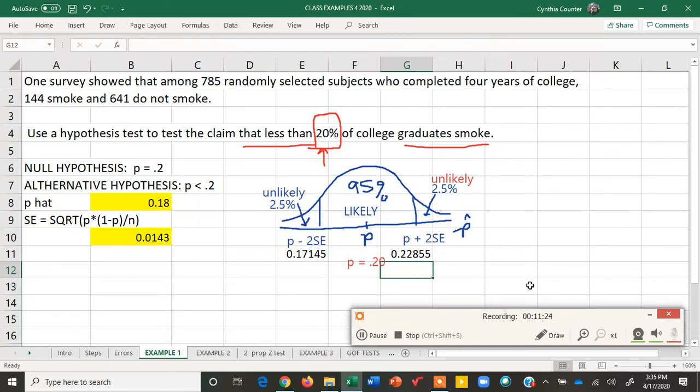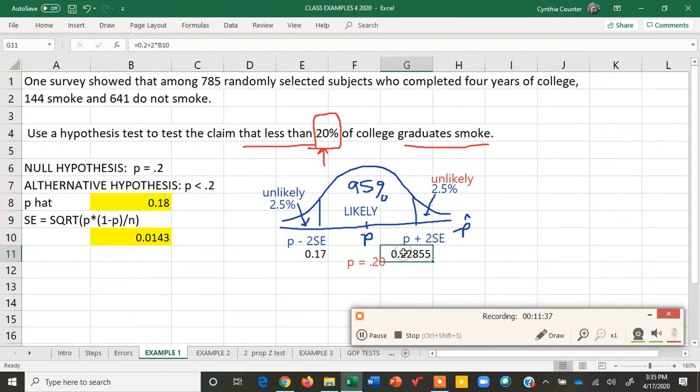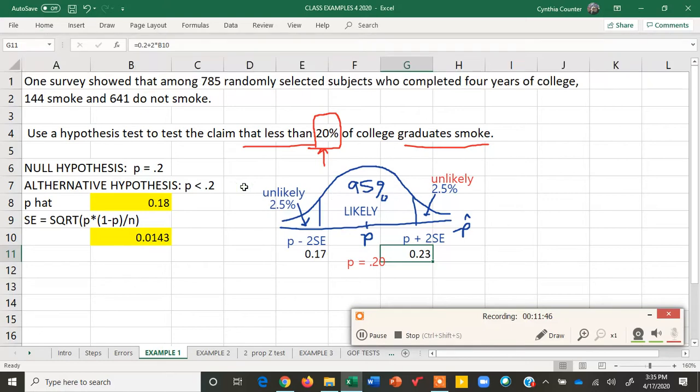So it looks like anything between 17% and 23%, those would be considered likely if we define the middle 95% as likely values, those that would likely occur, 95% chance that anything in here will occur when you take a sample of size 785 and in actuality the population proportion is 0.2.